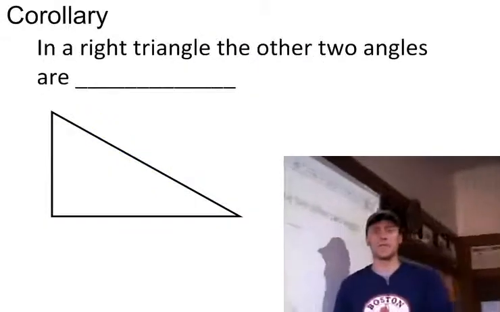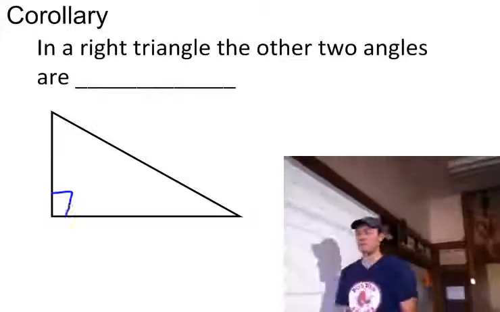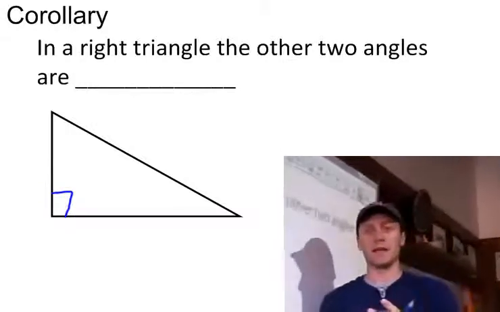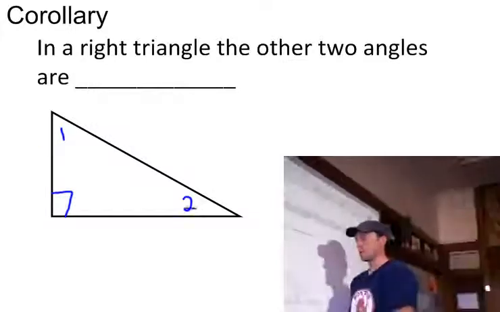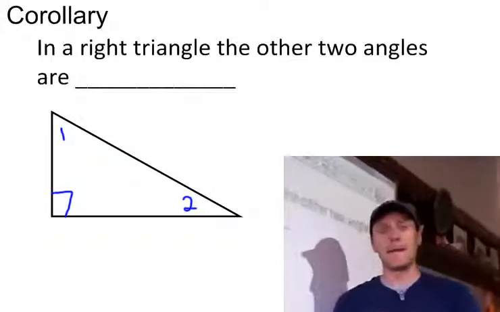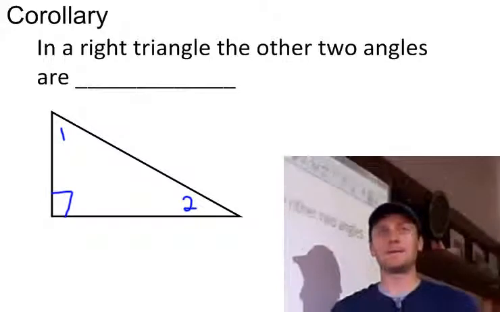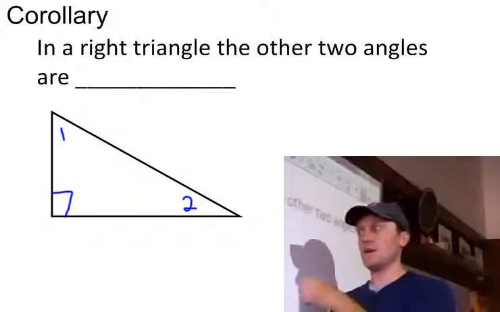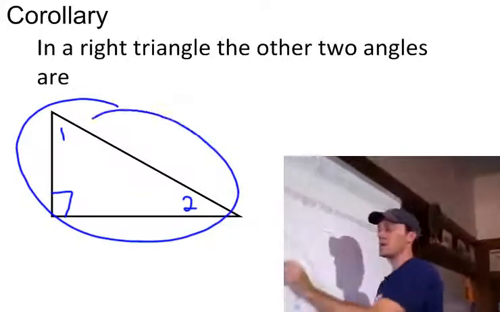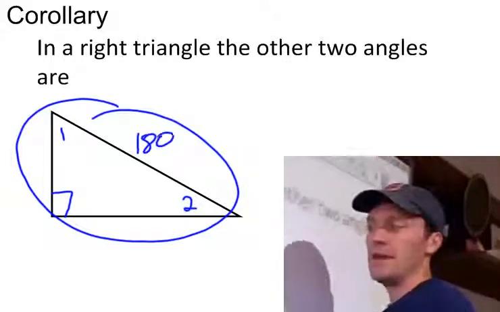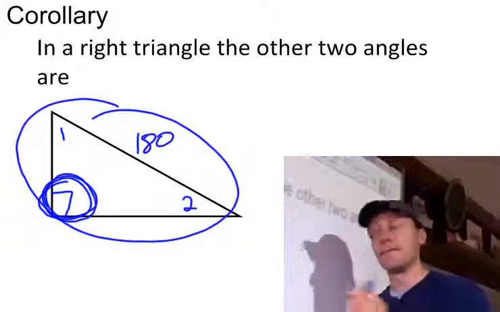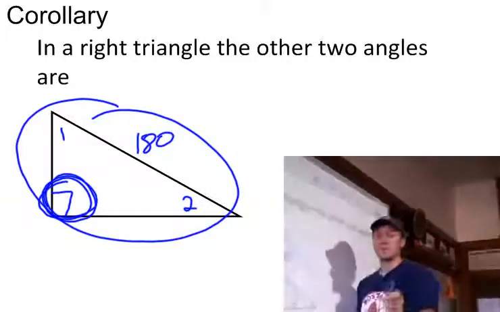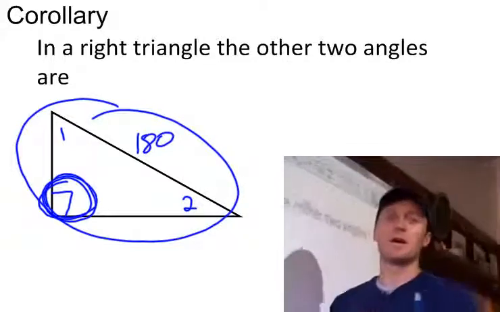All right, in a right triangle, let's think about this. In a right triangle, the other two angles, so this angle over here, let's call it 1 and 2. The other two angles must be, let's think. All the angles in a triangle add up to 180. If in a right triangle you take away 90, then the other two angles, you guessed it, add up to 90 also.